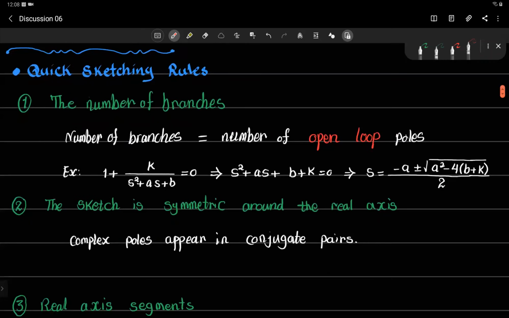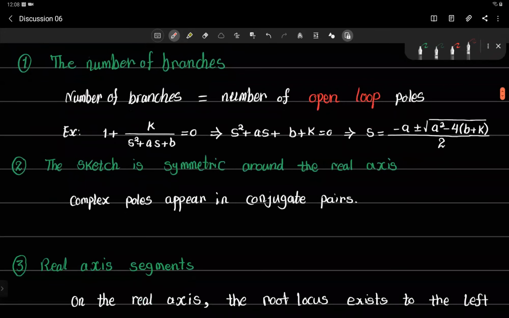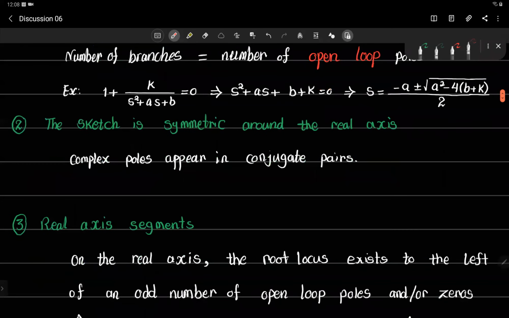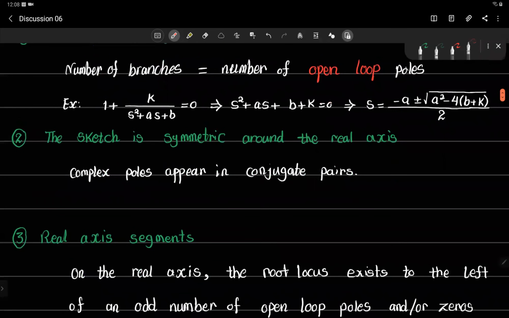The second rule is that the sketch of the root locus has to be symmetric around the real axis. And the reason for that is we are considering only physical systems, okay?